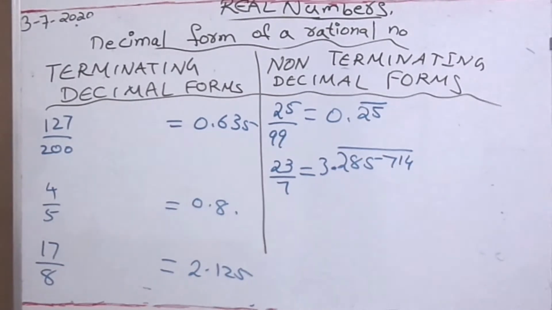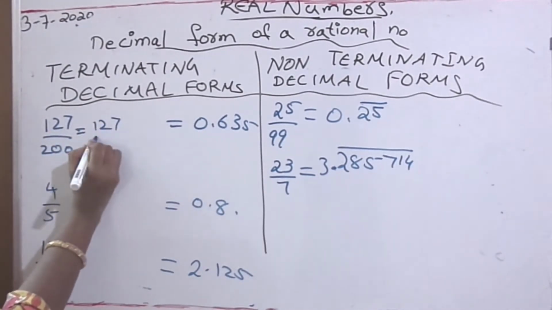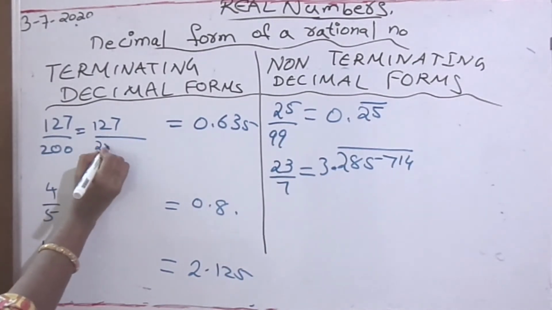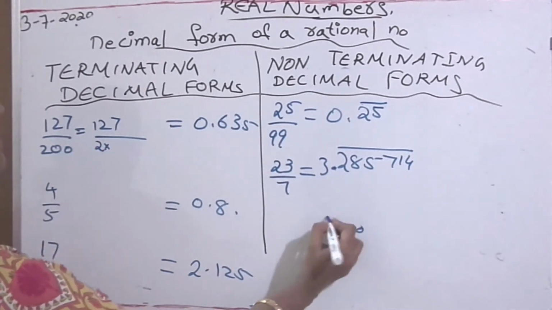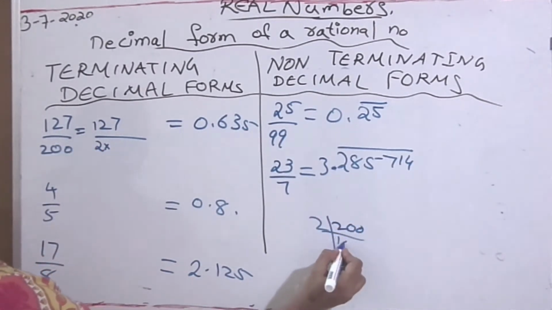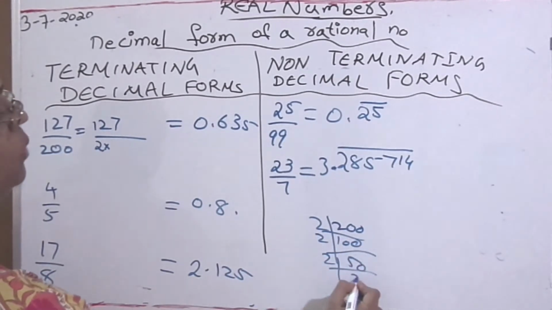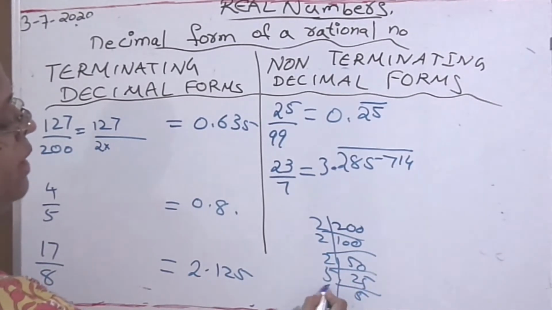So now let us see how they are. 127 upon 200. What are the factors of 200? 2 into 100. 2 into 50. 2 into 25. And 5 into 5.